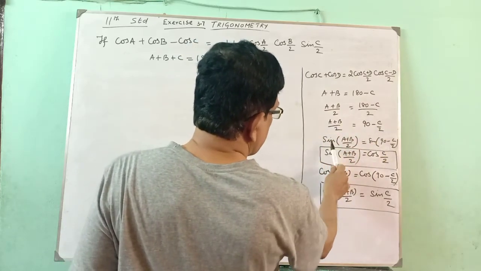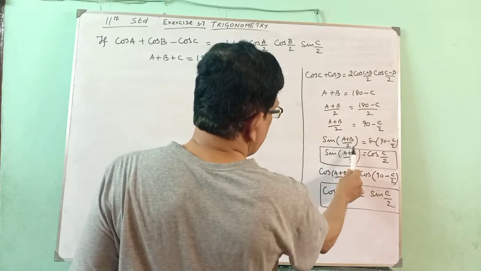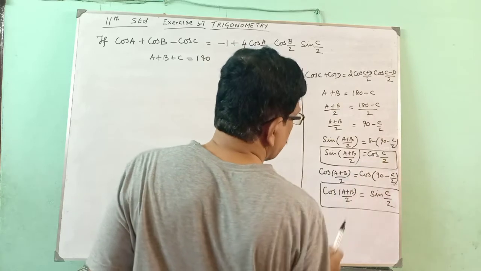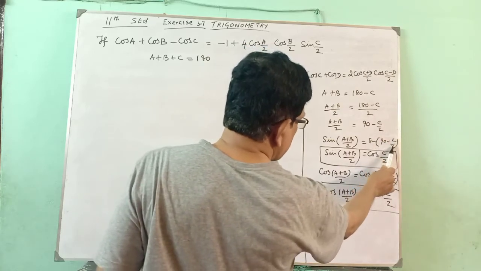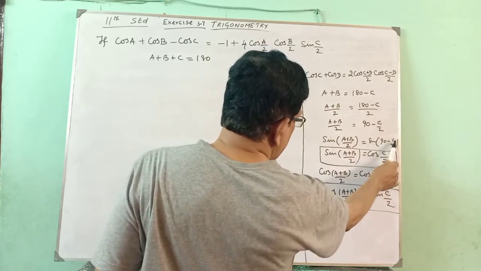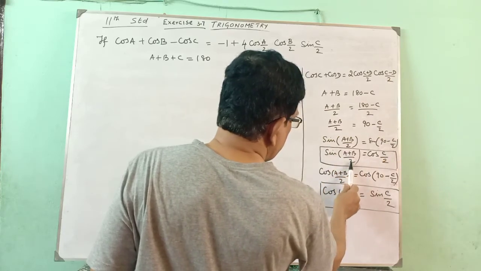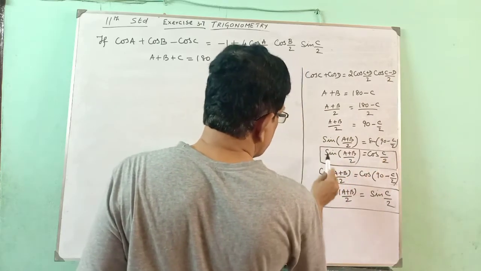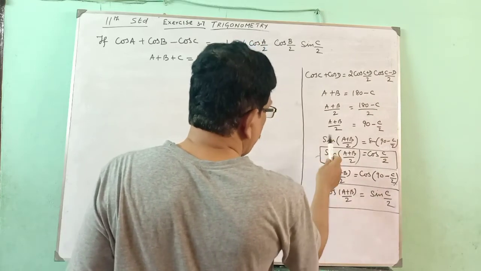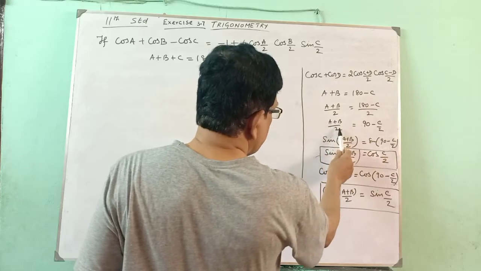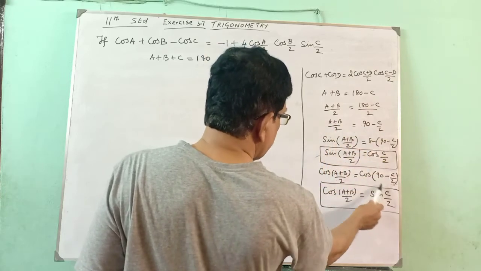Applying sin on both sides: sin of (A plus B by 2) is equal to sin of (90 minus C by 2). Sin(90 minus theta) is cos theta, so sin (A plus B by 2) is equal to cos C by 2. Next, applying cos on both sides: cos (A plus B by 2) is equal to cos(90 minus C by 2).